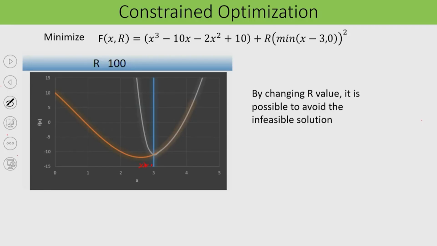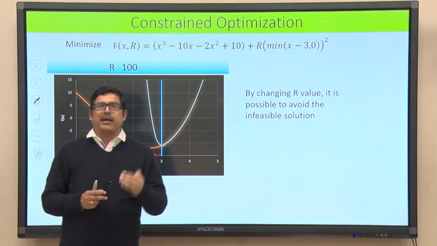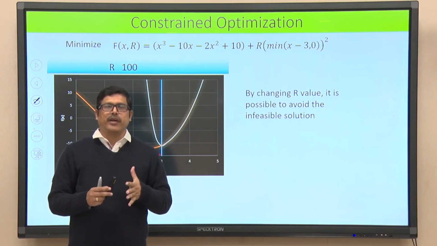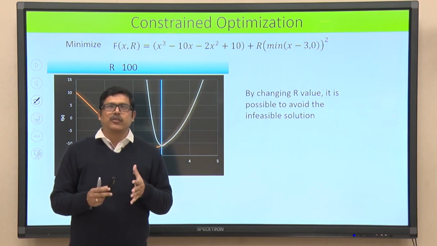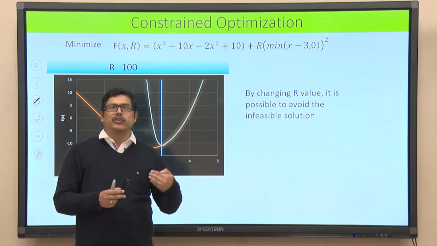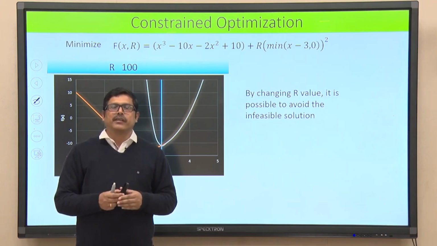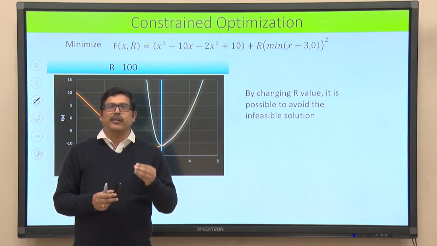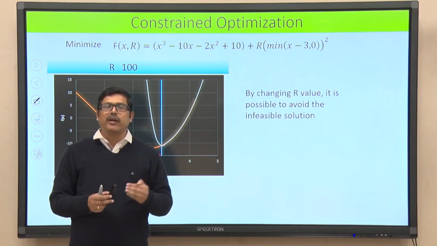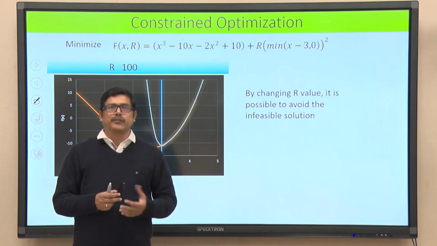Now, another issue is here. If you look at the solution procedure, what we are doing is penalizing the solution in the infeasible region. Okay. We are not penalizing the solution in the feasible region, we are penalizing the solution in the infeasible region. Therefore, this method is known as exterior penalty method. Here we are penalizing the solution in the infeasible region.